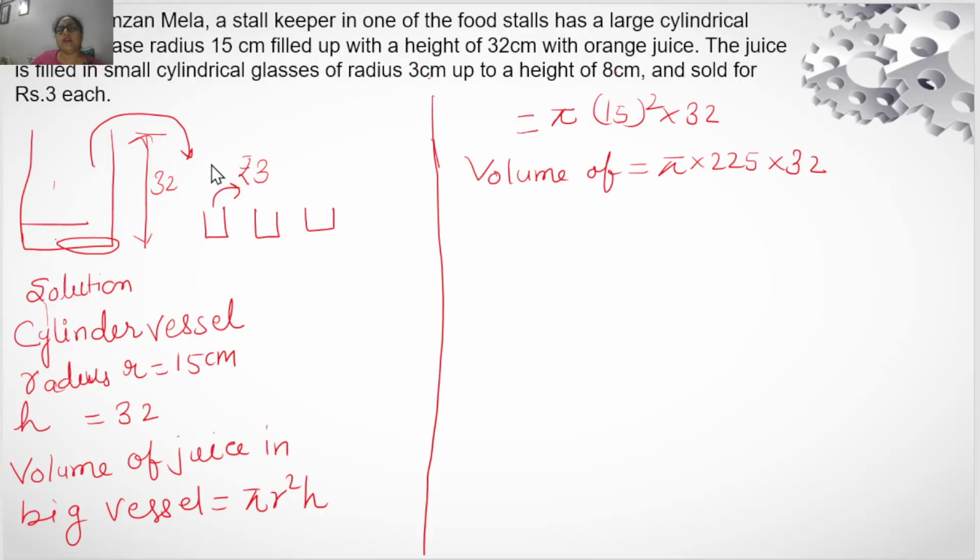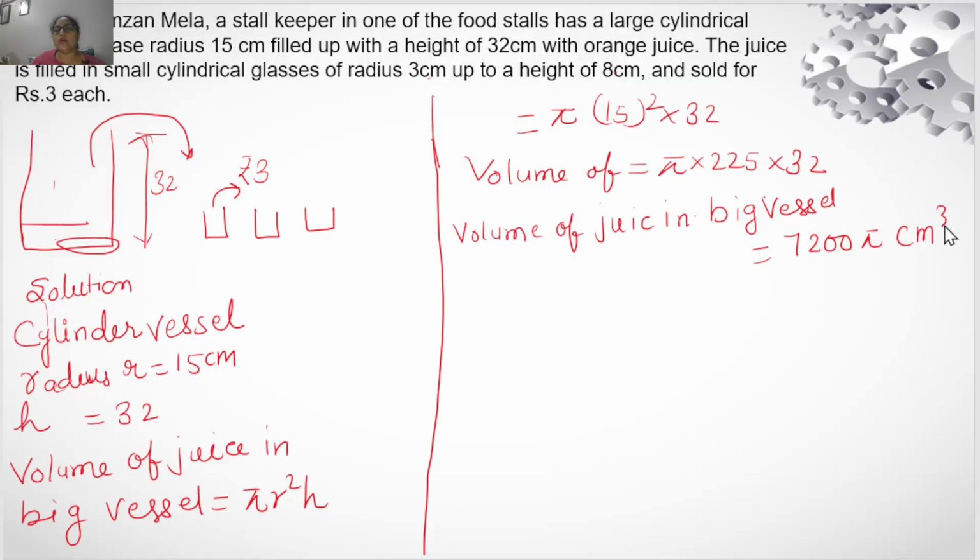So you will find the volume of juice in the big vessel will be 7200 pi centimeter cube.